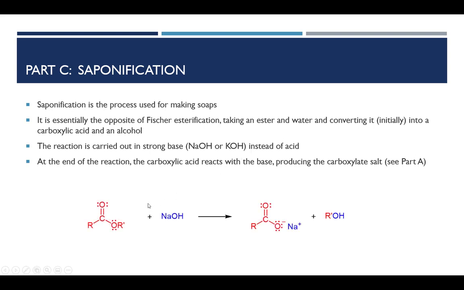So this is the overall process. We are taking an ester, we are combining it with sodium hydroxide, although we could use potassium hydroxide. I'm not writing it out as a catalyst, it's an actual reactant here. The hydroxyl group technically adds at the carbon, but that would be a little more complicated than I want you to see.